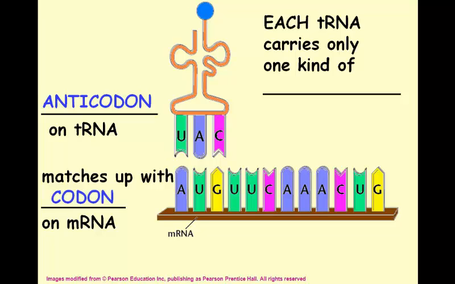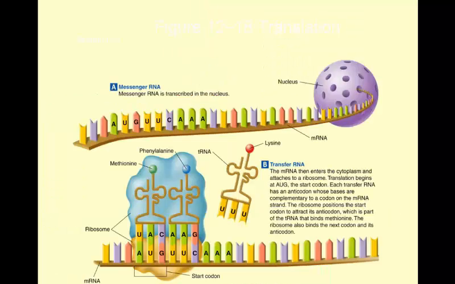So the anticodon matches up with the codon on mRNA, and each tRNA carries only one kind of amino acid. So that's this part right up here. So when this matches up together, we know that that amino acid is going to start our protein.